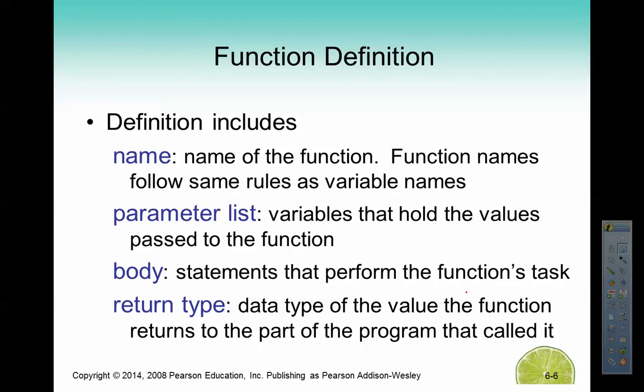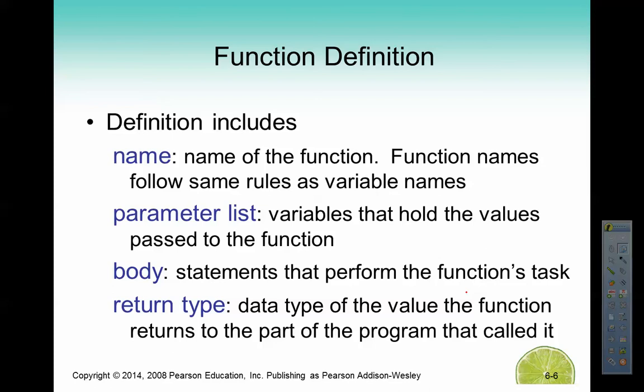Can we use special symbols? No, we cannot use special symbols. I cannot use a question mark. I cannot use an exclamation mark, except what can I use? There's one that I can use. The underscore. Can I use a space in naming variables? No. So those rules we need to remember, because those are the same rules that are going to apply when I create a function name.